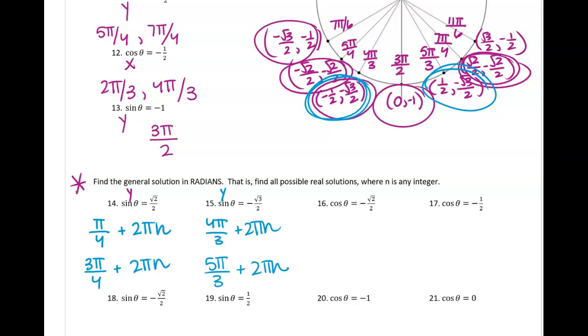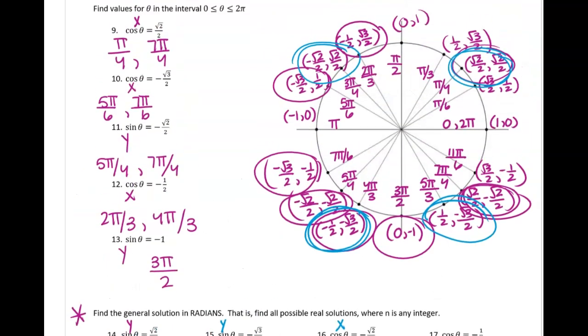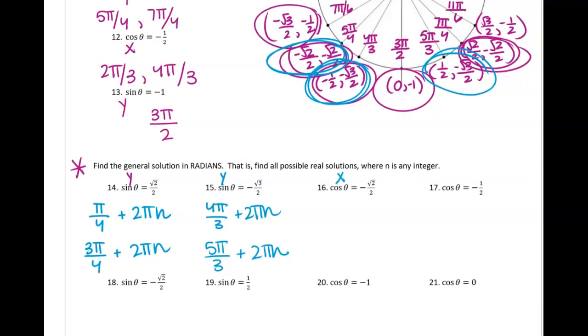Looking at number 16, cosine is x. When is the x value negative √2/2? Well, 5 pi over 4, 3 pi over 4. And then you add 2 pi n.